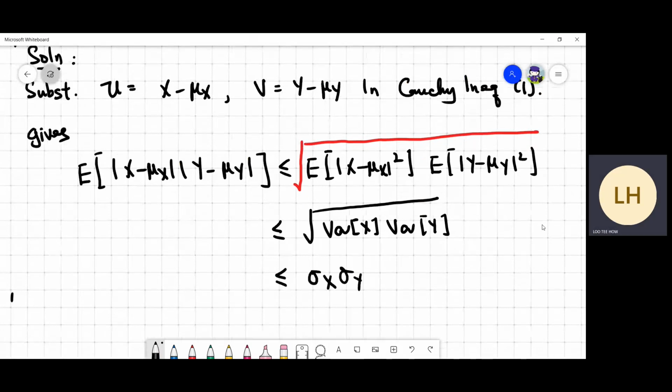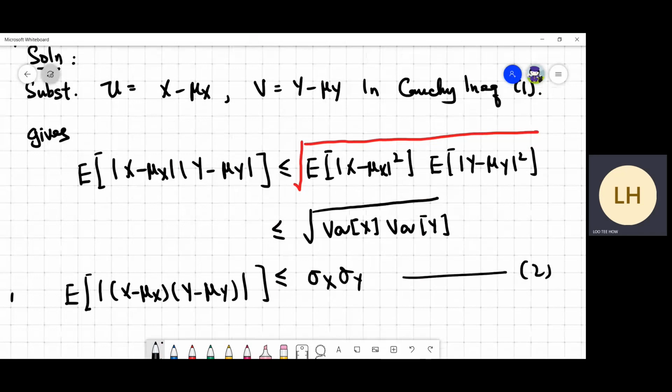So according to here, this is what we can have: E of modulus of (x minus mu x) multiplying (y minus mu y) is less than or equal to this. So this is statement 2.